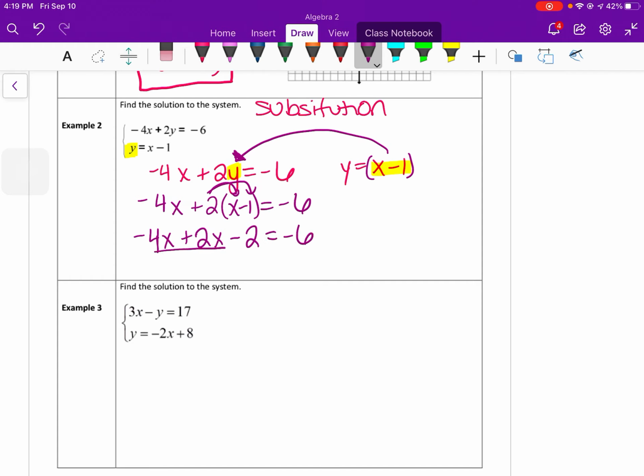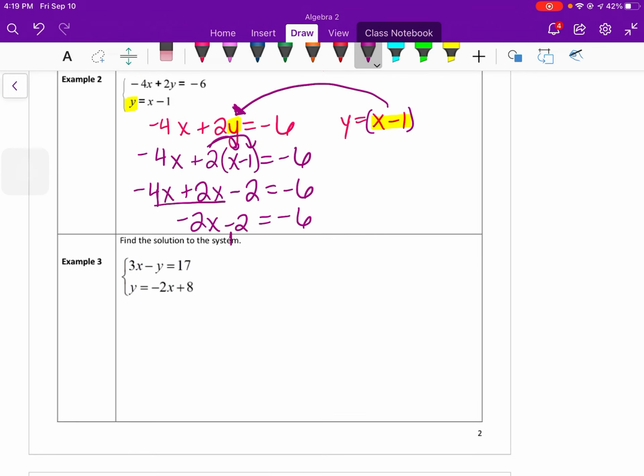Then combine like terms, -4x plus 2x is -2x, minus 2 equals -6. And then add 2 to both sides. We get -2x equals -4. Divide by -2, and I get x equals 2.